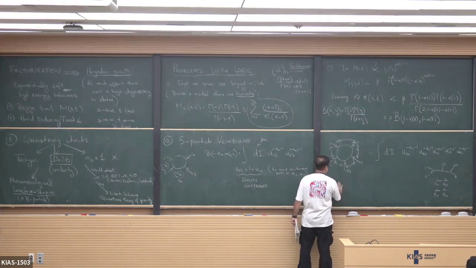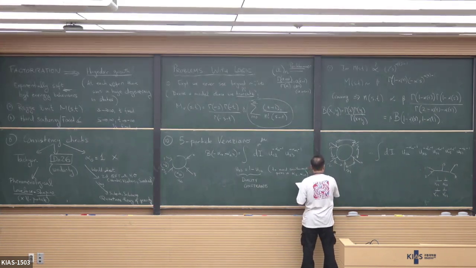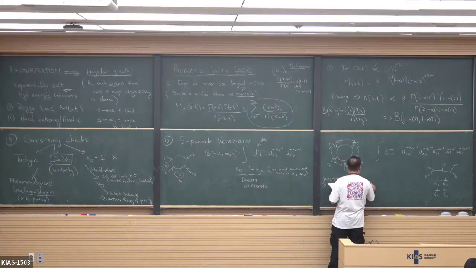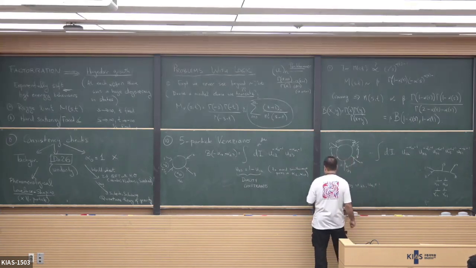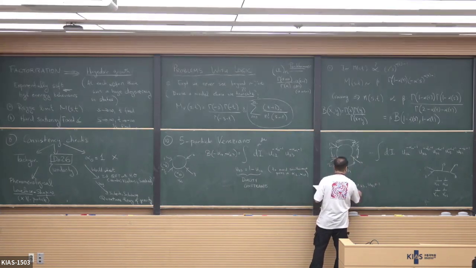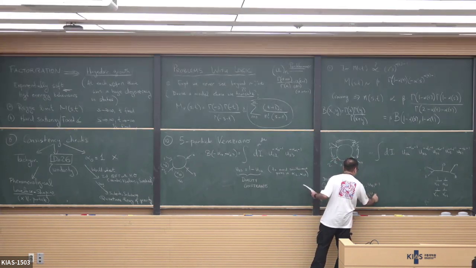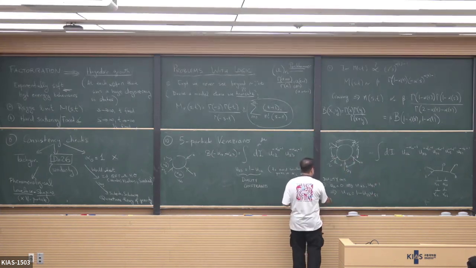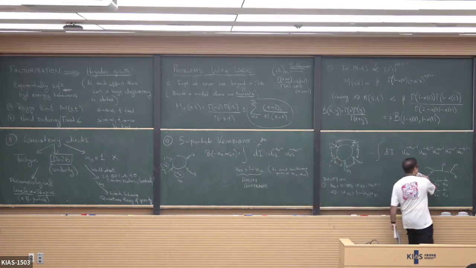So the condition that you have is that when U1,2 goes to 0, let's write down the duality constraints. When U1,2 goes to 0, this implies that U2,3 and U5,1 should go to 1. And so U1,2 should be equal to 1 minus U2,3 U5,1. Similarly, you can write down all the rest of the duality constraints with your eyes closed.